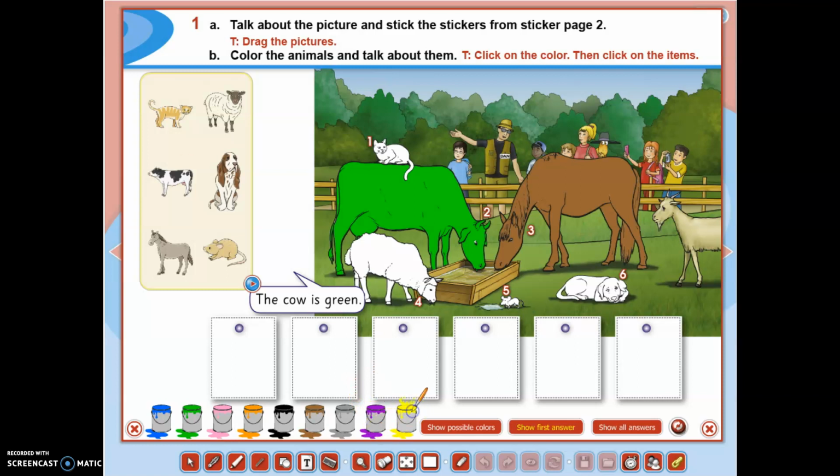Yellow. The cat is yellow. Black. The dog is black.